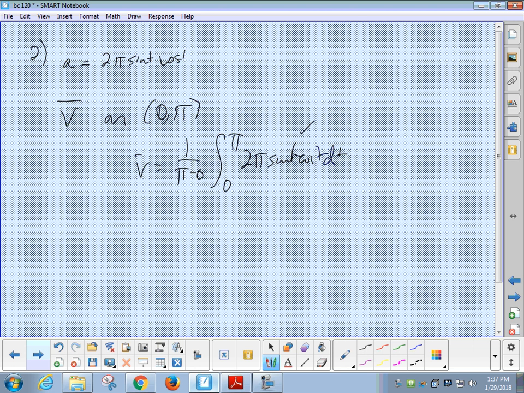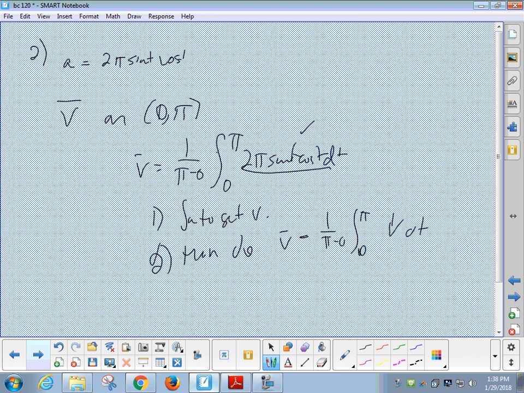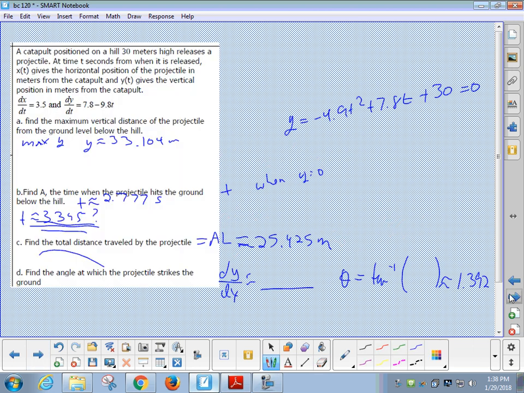That's for the average acceleration. This is the acceleration, not the velocity. So you need to first integrate to get velocity, then do that on your velocity. So you're actually going to have to integrate twice.